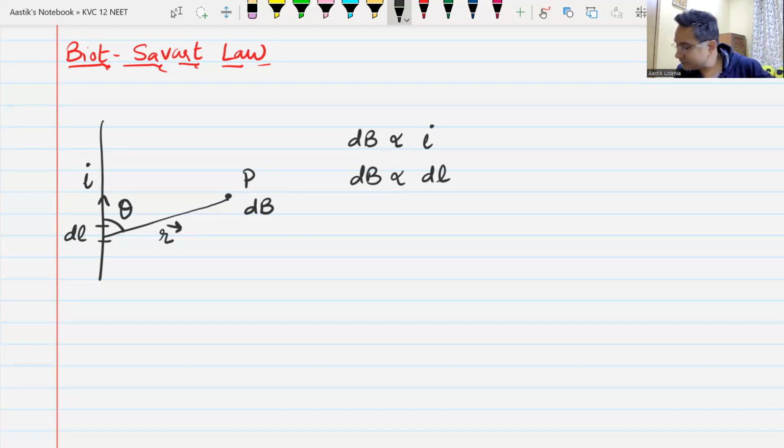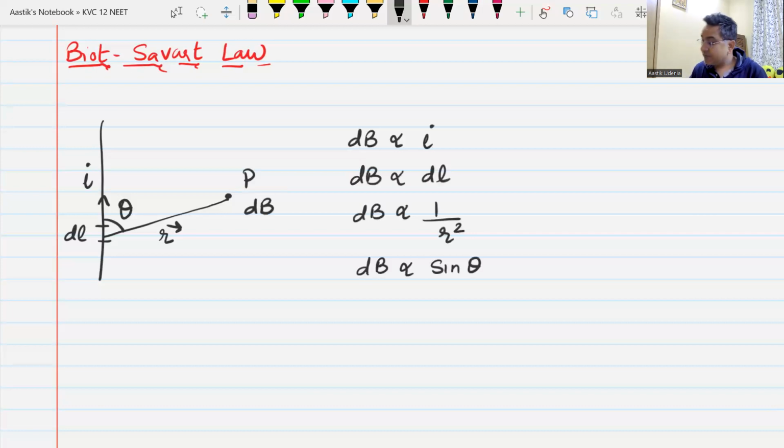Do we understand this? Yes. dB is also found to be inversely proportional to distance squared. And one more astonishing thing they found out, that dB is directly proportional to sine theta, where theta is the angle between what and what?